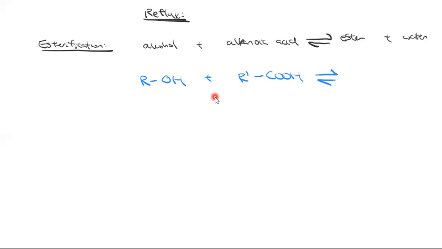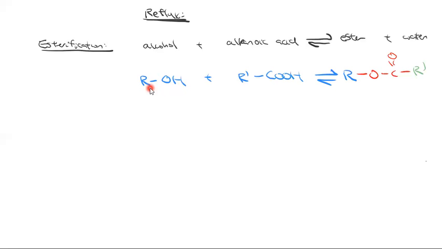And then you're going to get your ester, which basically takes the R and links to an O, so it's going to link to this O here, and then this C double bond O. And then this is going to link to an R prime.